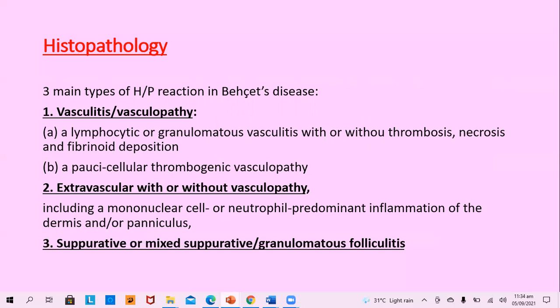A paucicellular thrombogenic vasculopathy may also be seen. The second is extravascular, with or without vasculopathy. It includes mononuclear cell or neutrophil predominant inflammation of the dermis and the panniculus. Then suppurative or mixed suppurative granulomatous folliculitis.